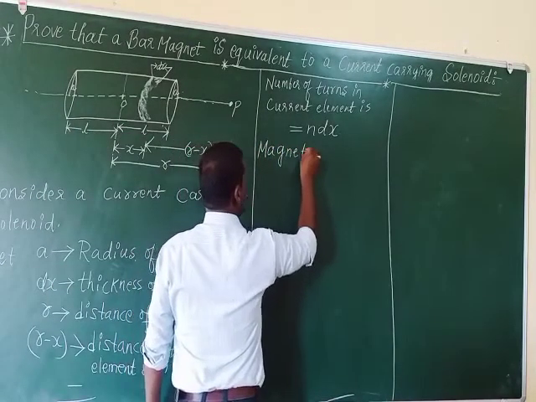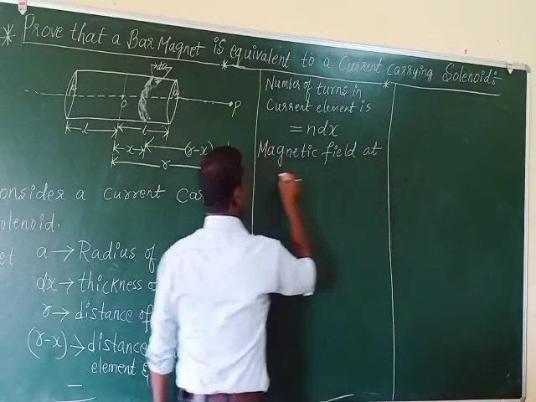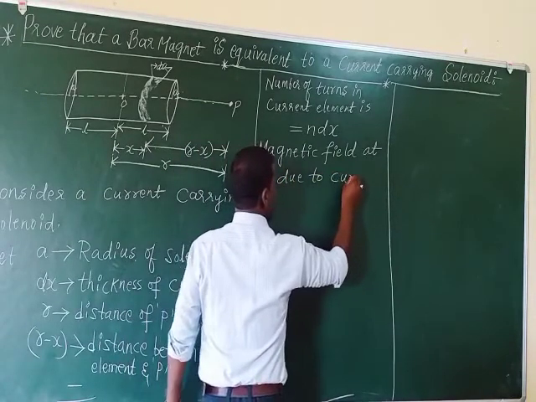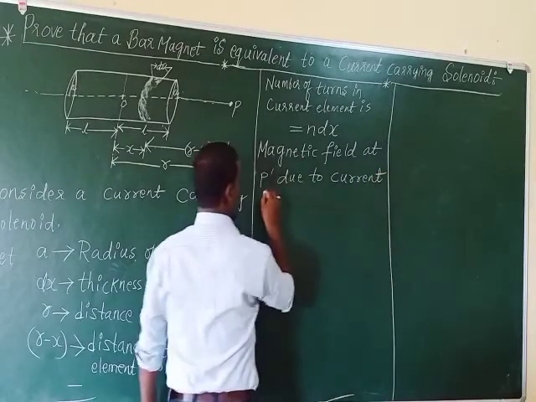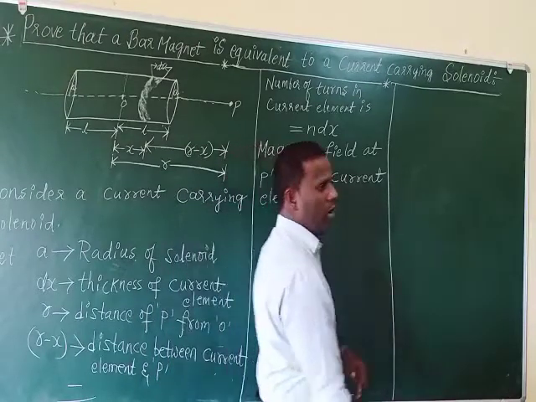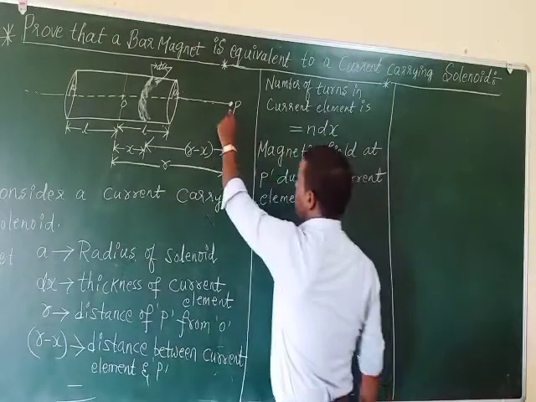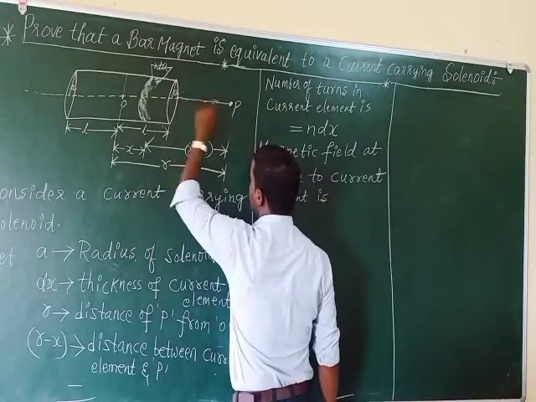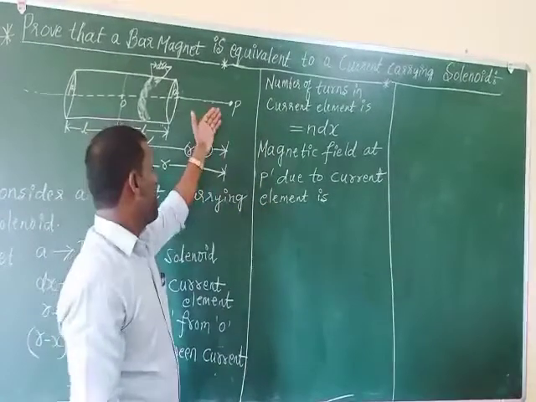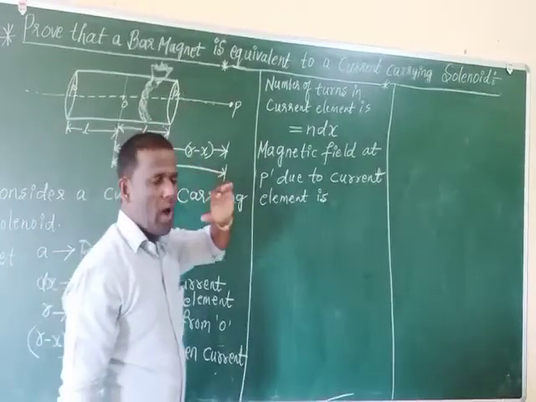See here, the magnetic field at P due to the current element is given by a formula. We can take it directly. What is the magnetic field at P due to this current element? It is actually a coil.